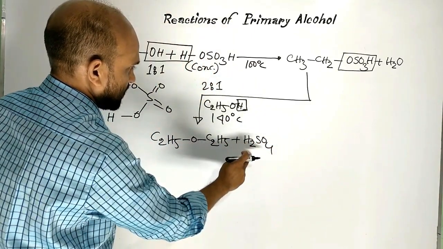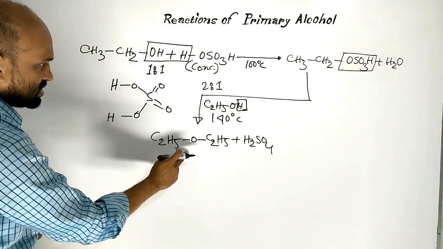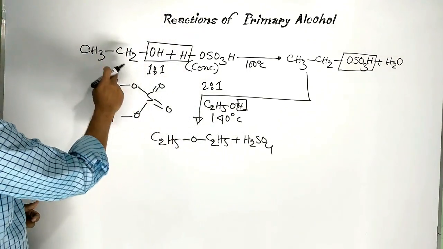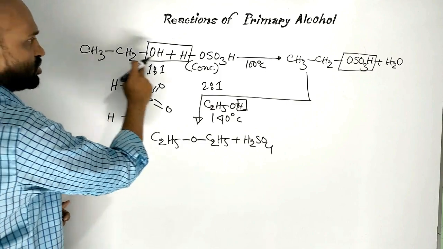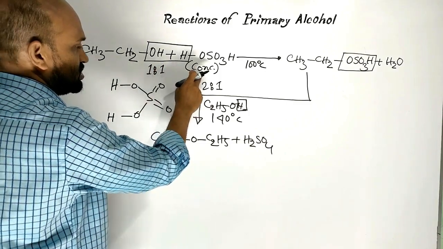So ether is formed when ethanol is double than concentrated sulfuric acid.